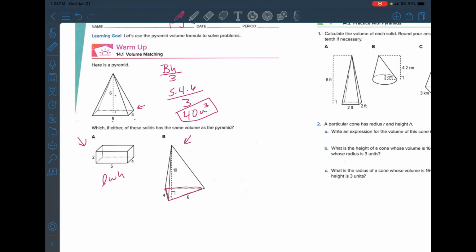To find capital B of any triangle, it's 1/2 base times height, times the height of the whole thing, divided by 3. So 0.5 times here's your base and height, and here's your height of the whole thing, and then divide by 3, and see if that's the same.